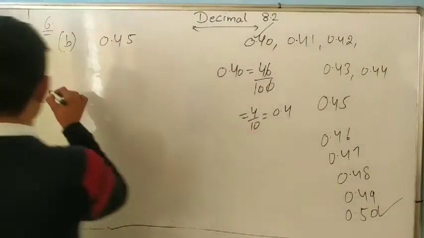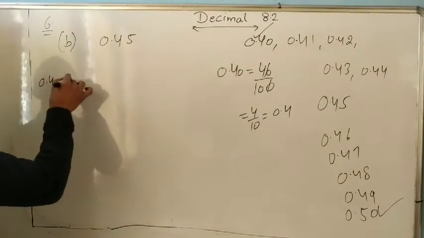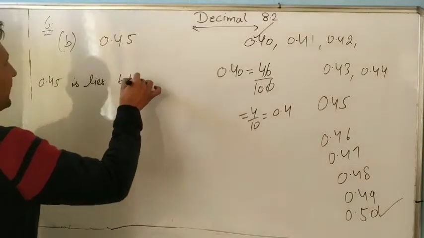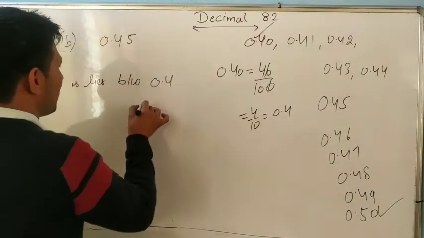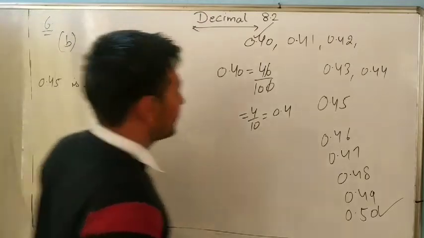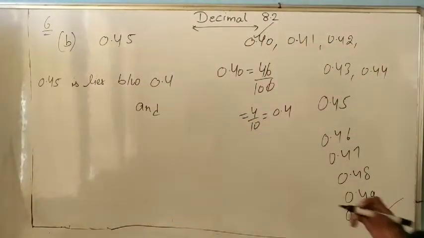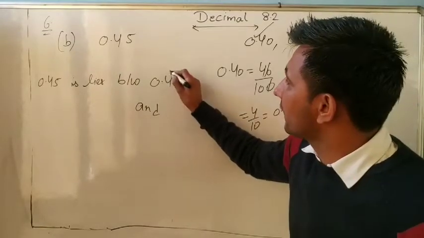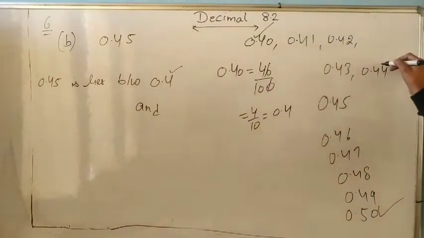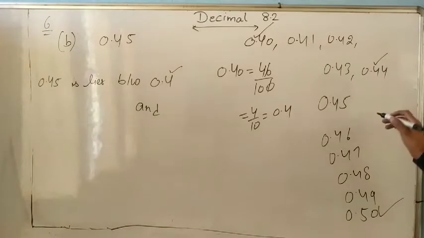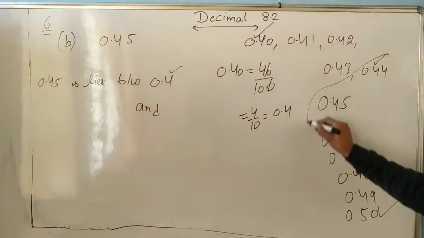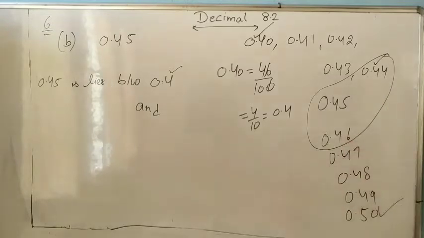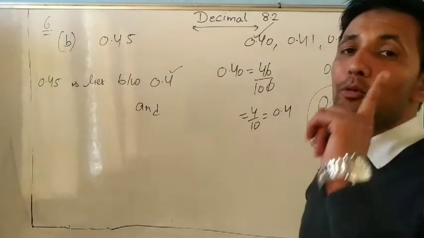So write 0.05 lies between 0.4 and the next number up to the 10th place. Everyone knows 0.05 lies between 0.04 and 0.06, but the examiner is asking up to the 10th place.